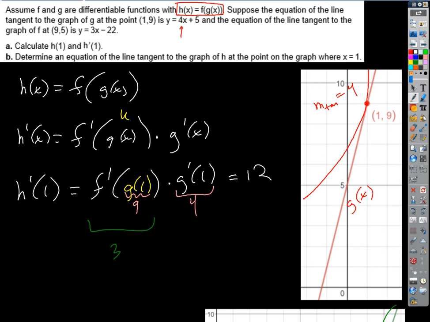The tangent to the graph of g at that point is really telling us that the output of g at 1 is 9. Okay? So let me make an arrow. This 9 connects to that. And then we want to know what f prime is evaluated at that place. Well, it's right here. There's f prime, isn't it? That's the derivative of f at 9 is 3.